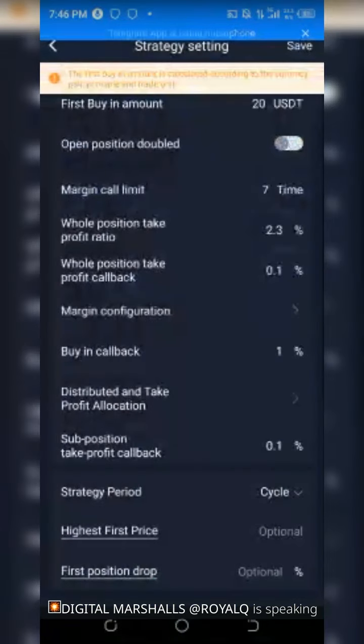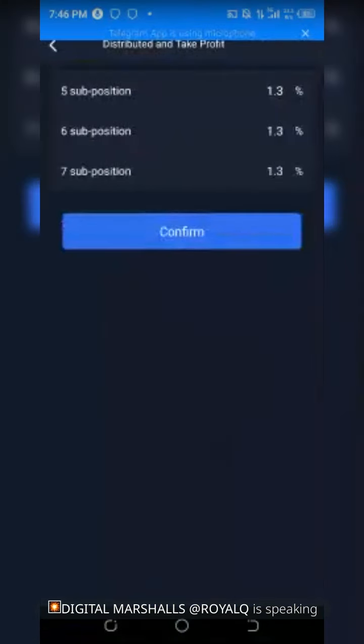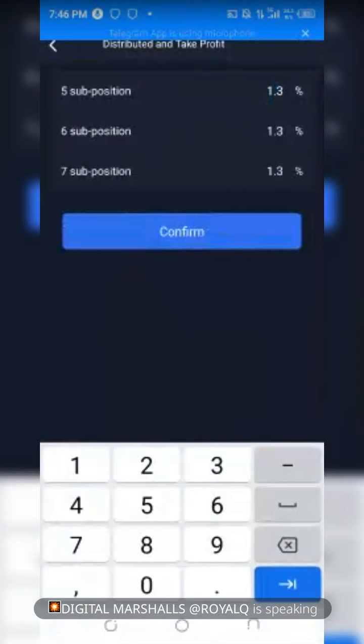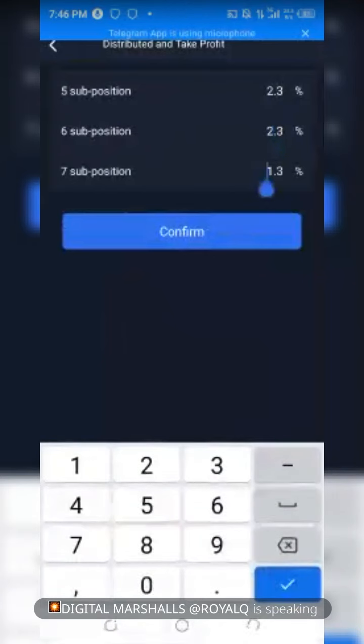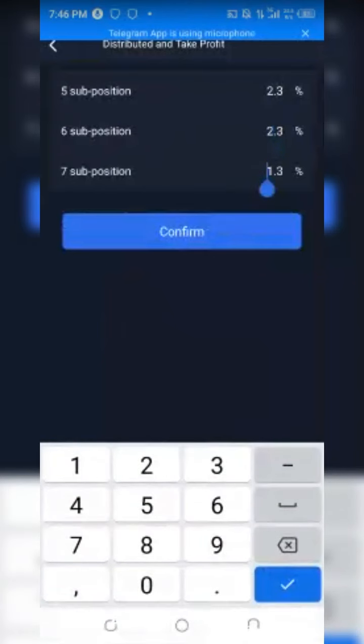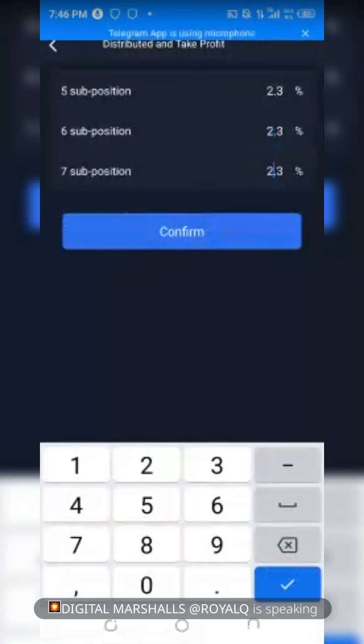Then we now go to our distributed take profits. You edit it to 2.3, 2.3, 2.3. Always remember to confirm. So click on the confirm button after you have rechecked to see that your trades are well set.